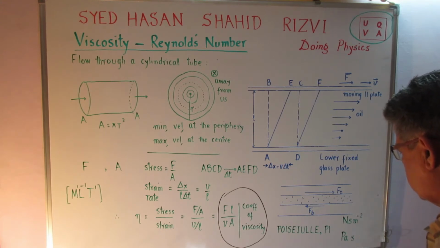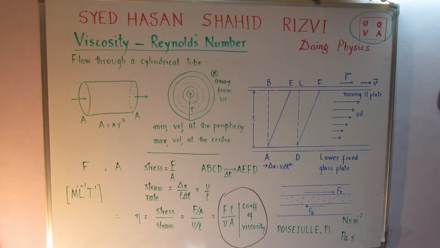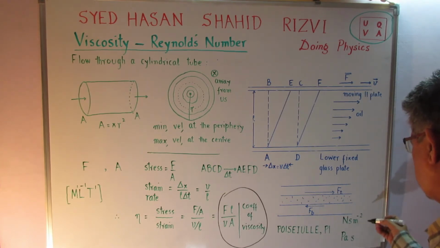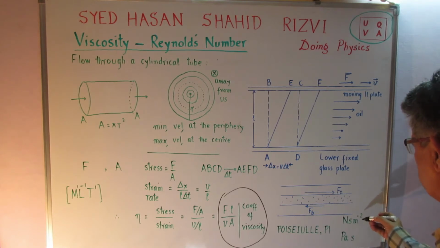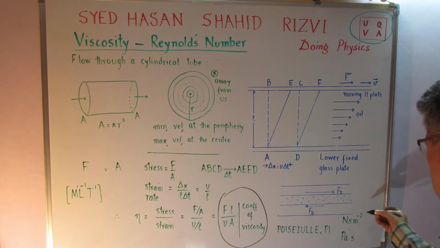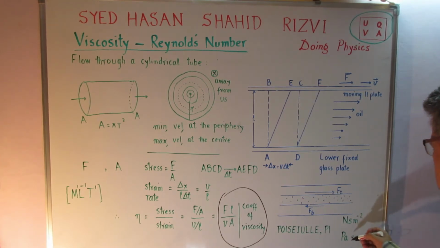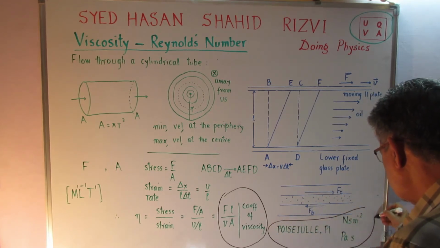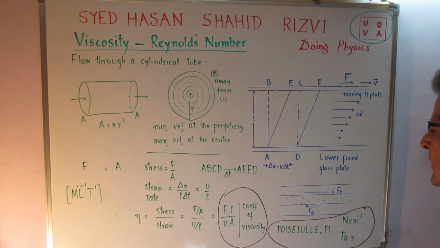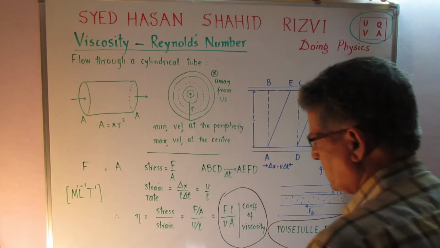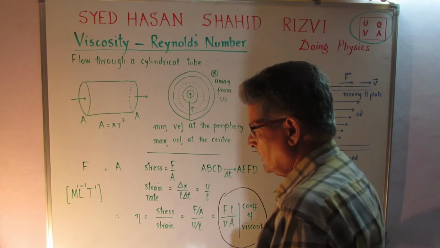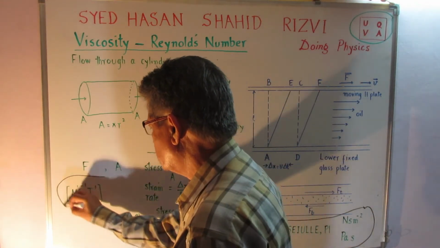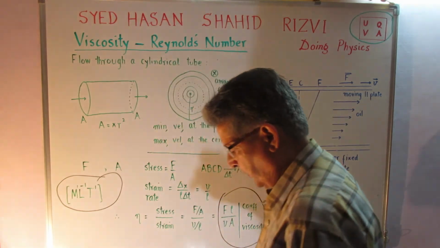Another unit given to it is Newton second per meter square, because Newton per meter square is pascals, so pascals multiplied by seconds. And when we work out the dimensional formula, it turns out to be like this.